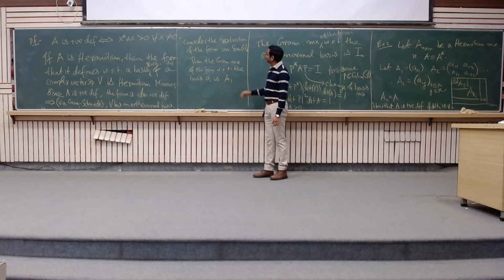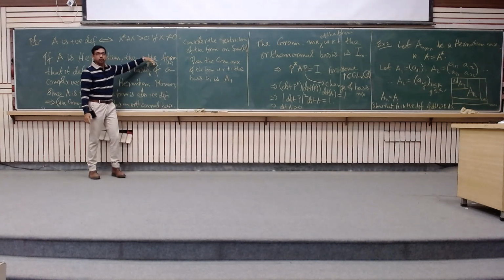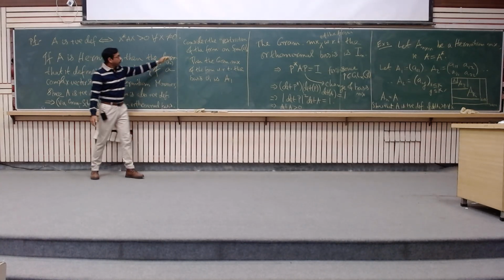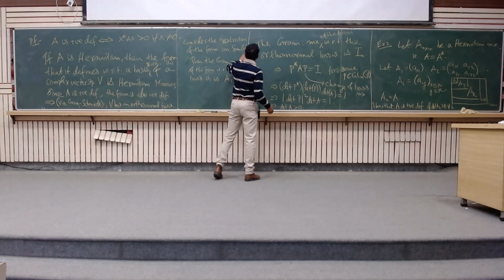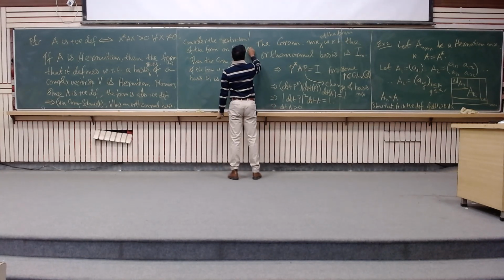And not only that, if we restrict the form to some subset of these vectors, V1, V2 to some Vi, consider the restriction of the form to the span of V1, V2, up to Vi, for some i less than or equal to n.